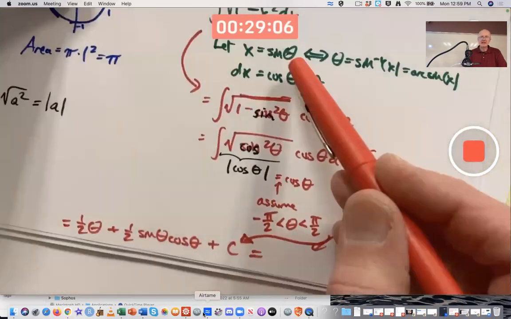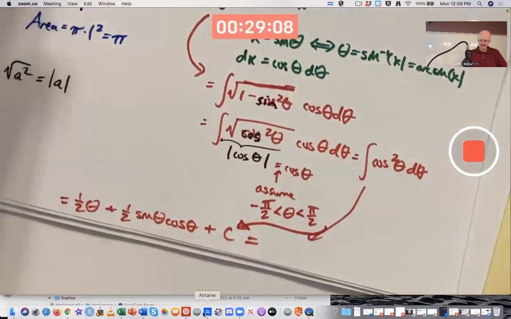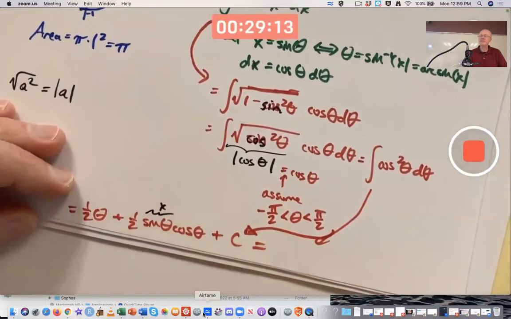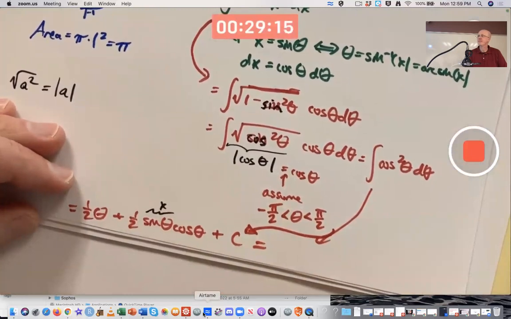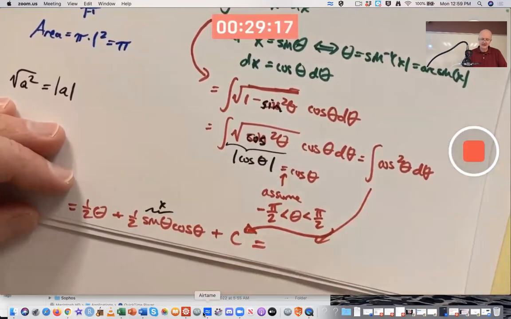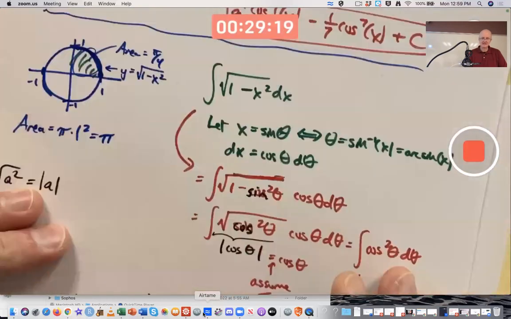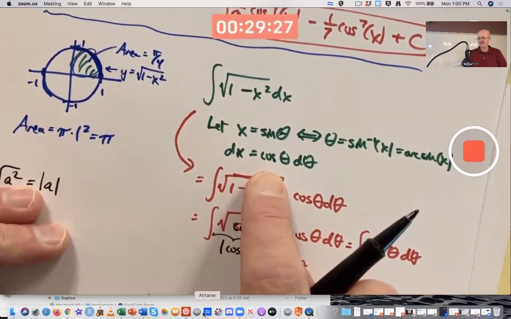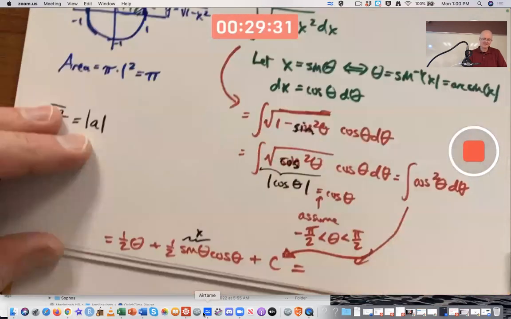Since x is sine theta, I can replace this sine theta with an x. What about cos theta? Should I replace that with dx over d theta? You could, but it's not real helpful. Instead, use your trig identity.